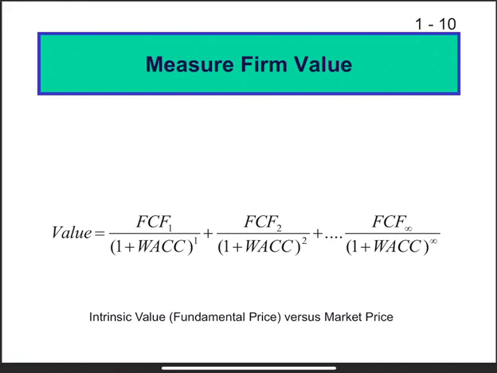So one of the ways to measure firm value is based on free cash flow and the weighted average cost of capital. What this equation represents is the present value of the firm's free cash flow discounted at the weighted average cost of capital.